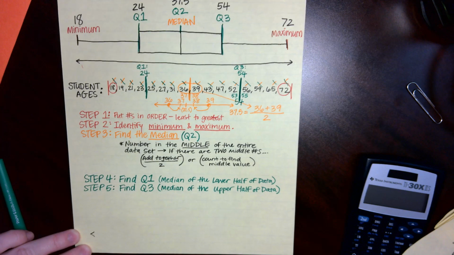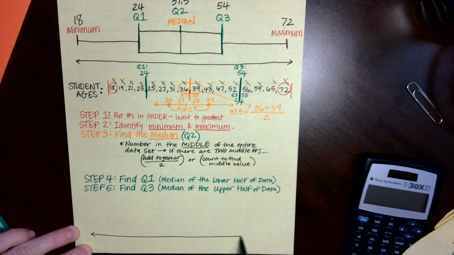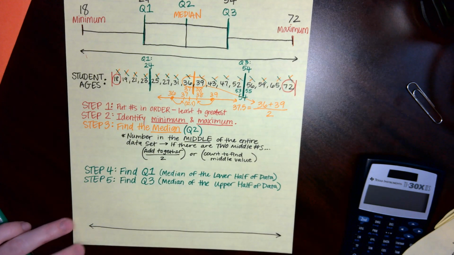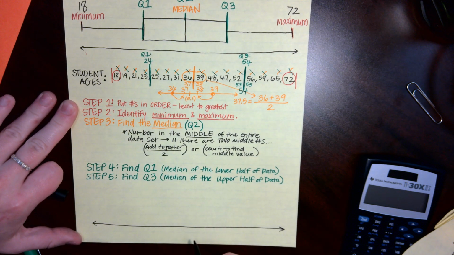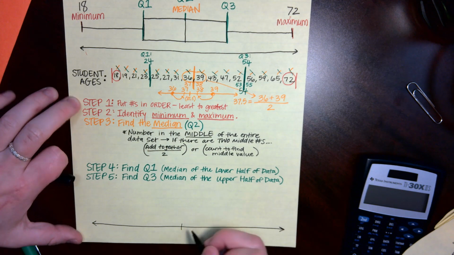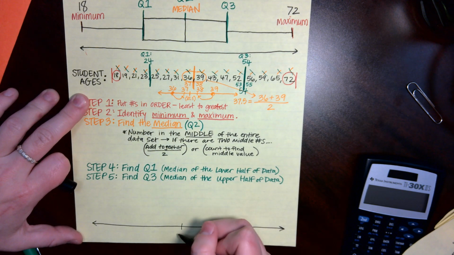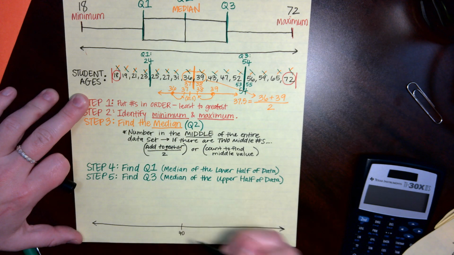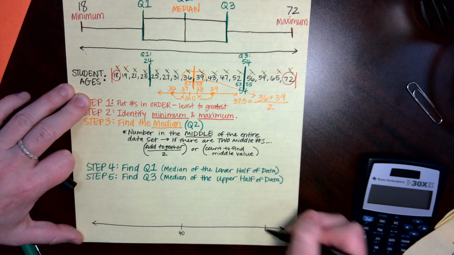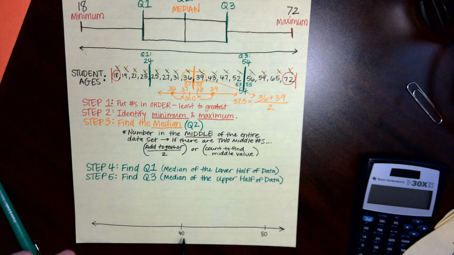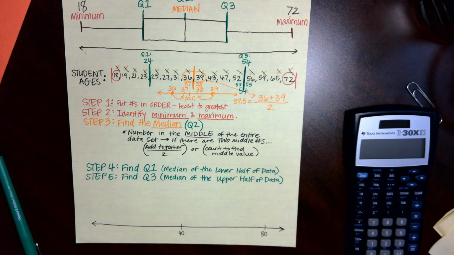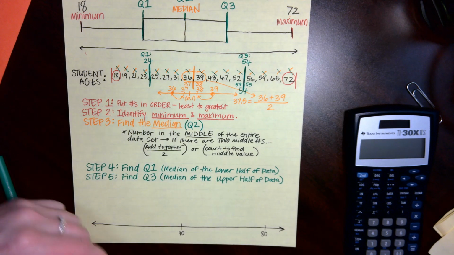So I'm going to have you draw a long line at the bottom of your page. And let me think. This would be 40, 80. I maybe should have used a ruler here to make it more accurate.